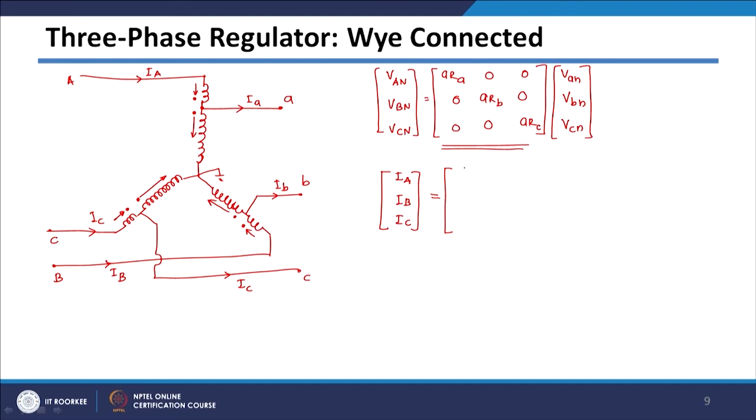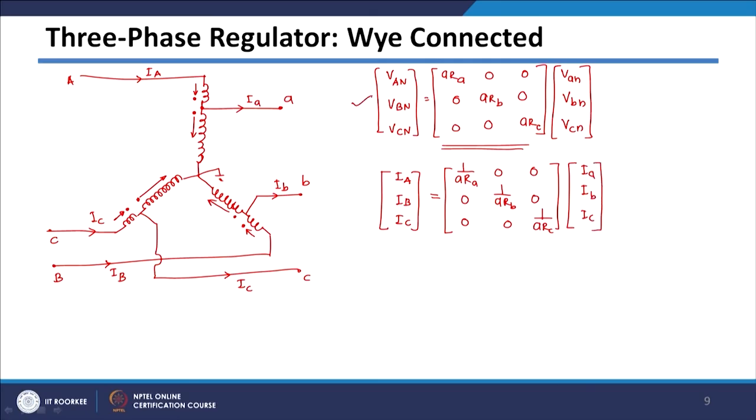It will be 1 divided by ARA, 0, 0; B will depend upon just your IB current, so 1 divided by ARB, 0; and C will depend just upon your IC current. So, in this case it will be multiplied by Ia, Ib and Ic, the 3 currents.